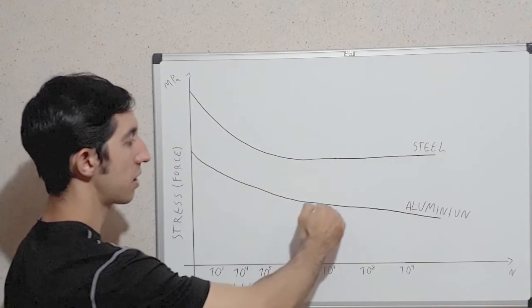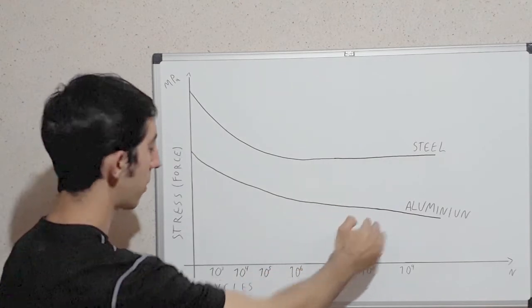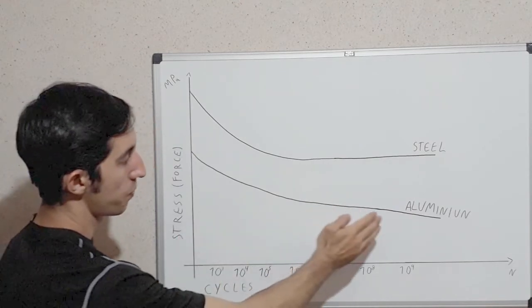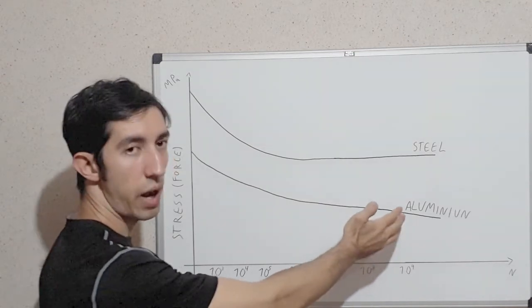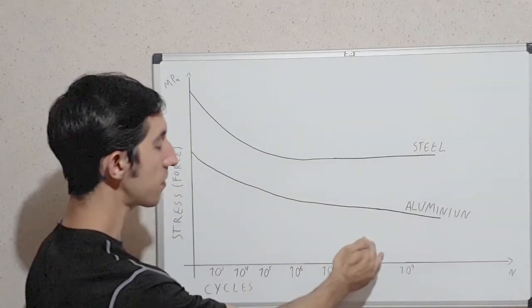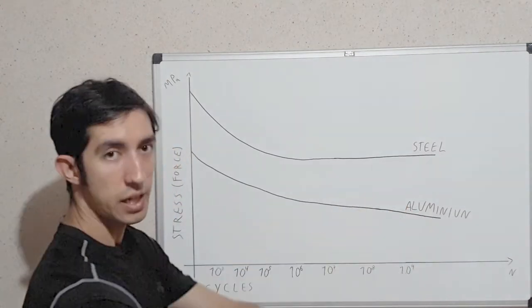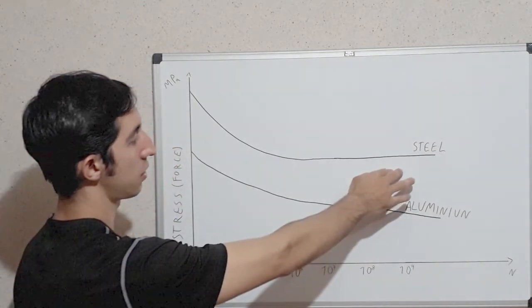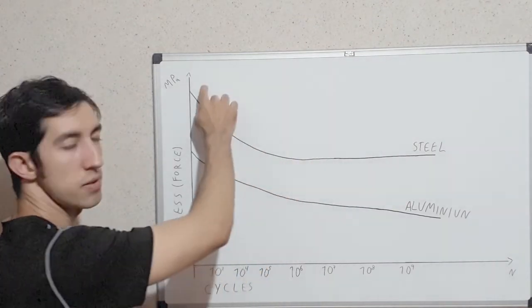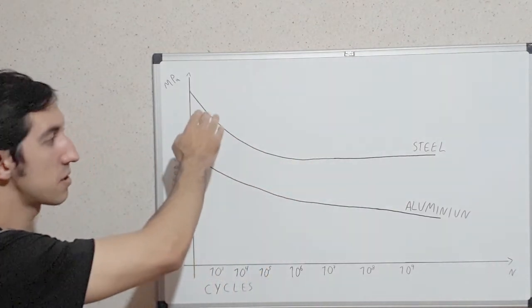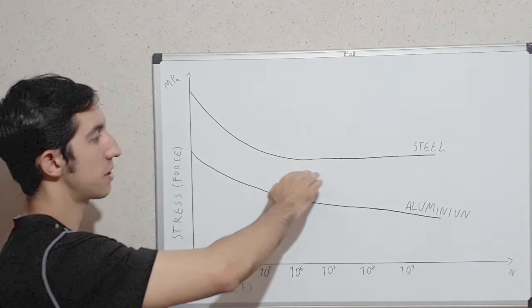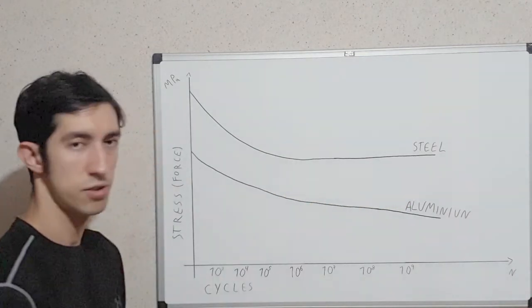It will always take less force to create these small cracks in the aluminum. So eventually the aluminum, in this case, will break. The steel, if you apply a force that is half of the first force, is gonna survive.